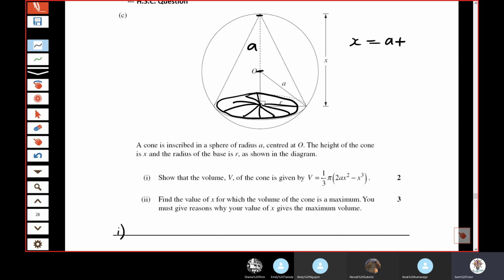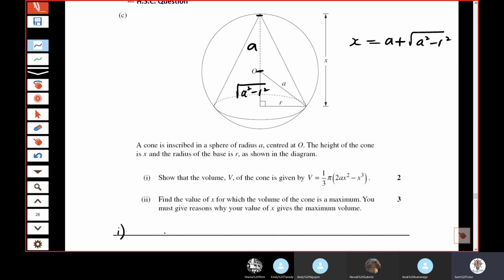This distance is what? Square root of a squared minus r squared. Pythag. I told you there's two types, either Pythagoras or similar triangles. Done. You have a relationship now of x in terms of a and r. I don't know if we need it, but we have it, so we'll see.